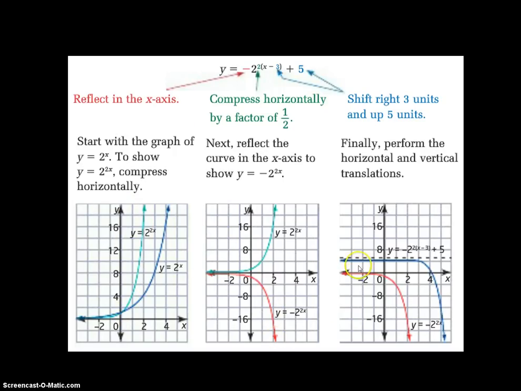Then we have the moving to the right 3 and then up 5. Okay, so those are all of the transformations put into one, and again, there is a certain order to them. Also notice where the position of certain key characteristics are. So for example, you want to keep in mind domain and range, you want to keep in mind the asymptote, and also any intercepts.